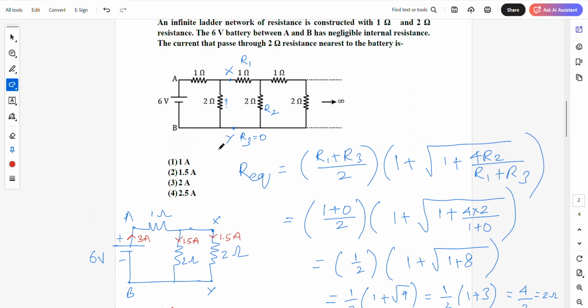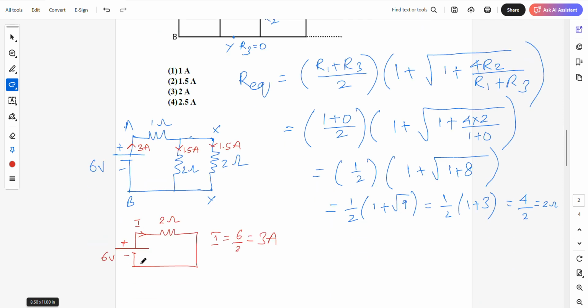You need not do anything, do not get confused. Find the equivalent resistance between the points x and y, and we got 2 ohm here, and this is 2 ohm. Already a 1 ohm is there, and a 6 volt battery between A and B. Total current I is V by R, 6 by 2, because 2 in parallel with 2 is 1, and 1 in series with 1 is 2 ohm.